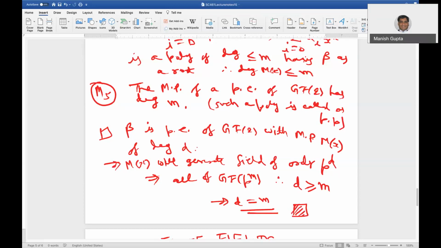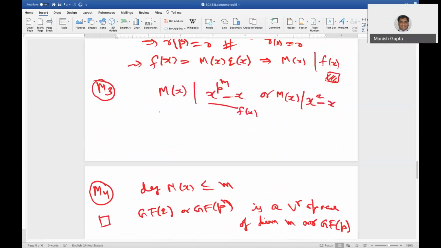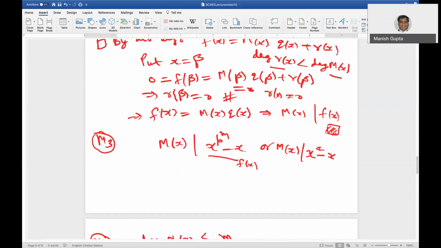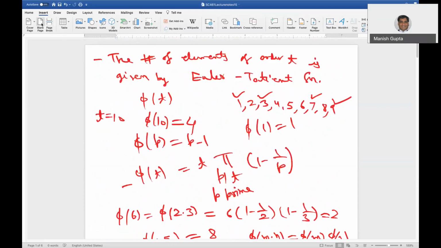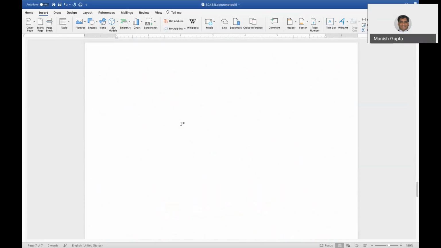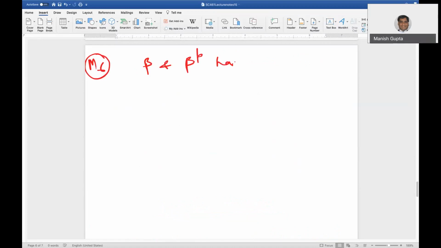Next property, sixth property: beta and beta raised to power p have the same minimal polynomials. So I think I will give you an outline of this rather than proving it.